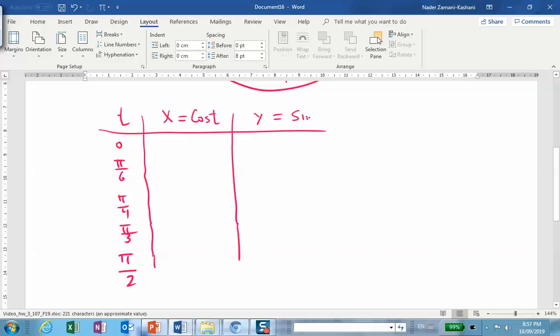And for example, when t is 0, this is 1, this is 0.